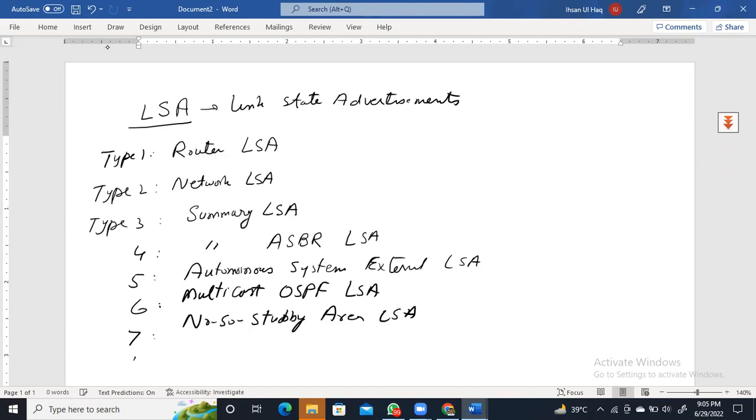And finally the 8th number, which is the external attribute LSA for BGP. So ladies and gentlemen, these are the prominent types.